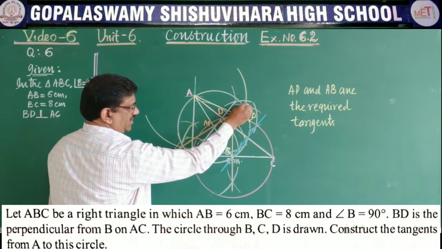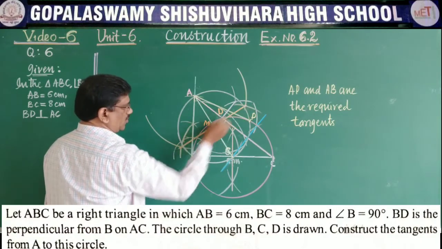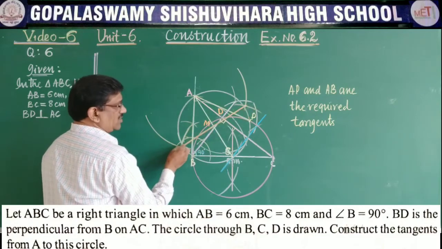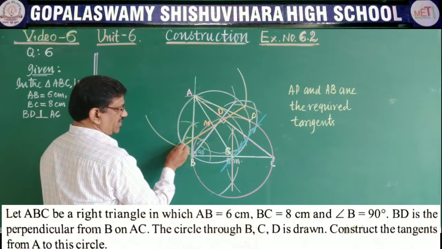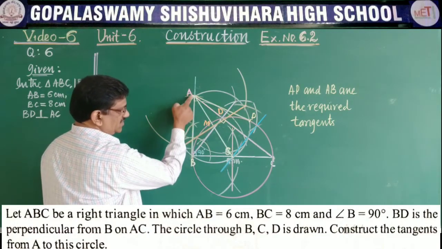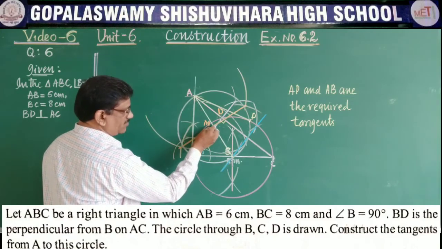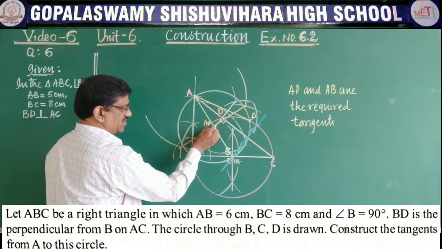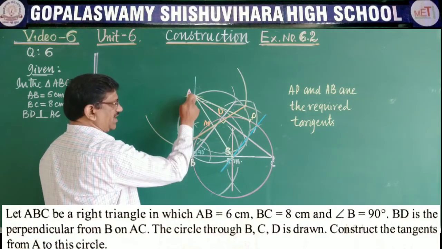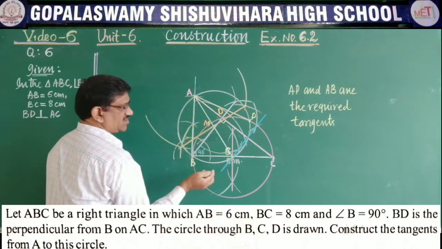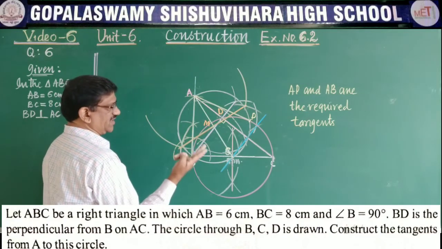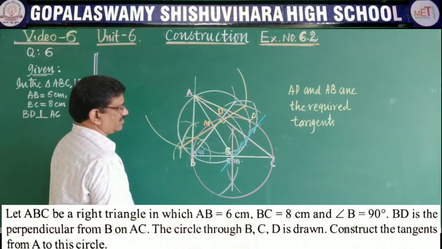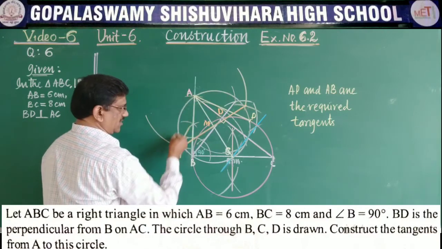Let them intersect each other at these 2 points. Join them. Where this perpendicular bisector cuts AS, that is the midpoint M of AS. With M as a center, taking the radius MA or MS in the compass, draw a circle.